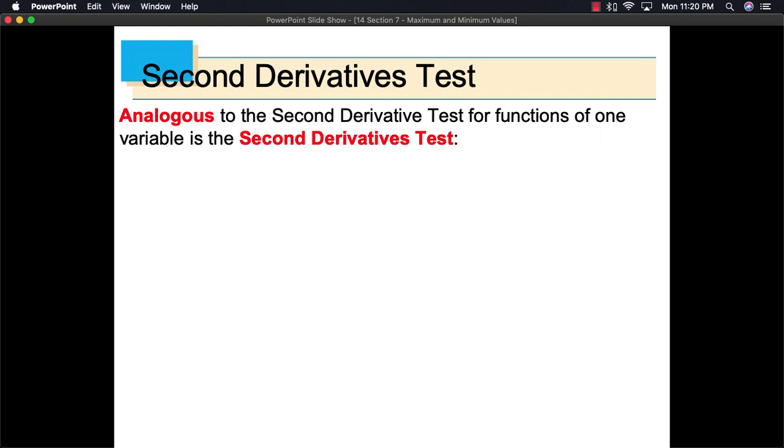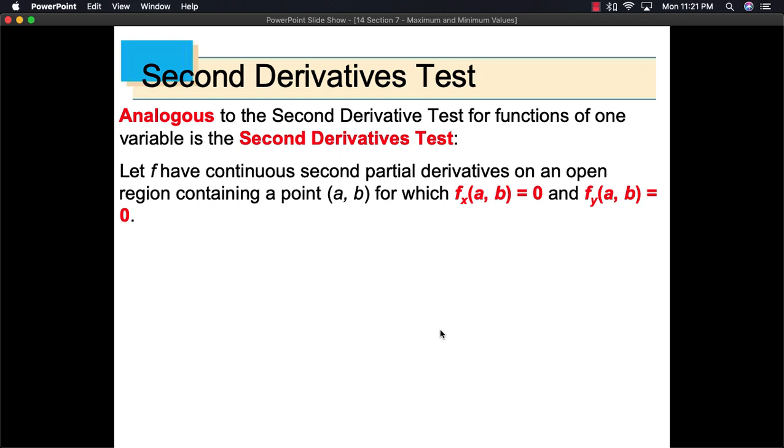This second derivative test is more complicated than your Calculus 1 days because we are dealing with a three-dimensional surface. So, there are some similarities, but it does ratchet it up a notch to be three-dimensional. So be ready. But it is analogous. It does have some similarities.